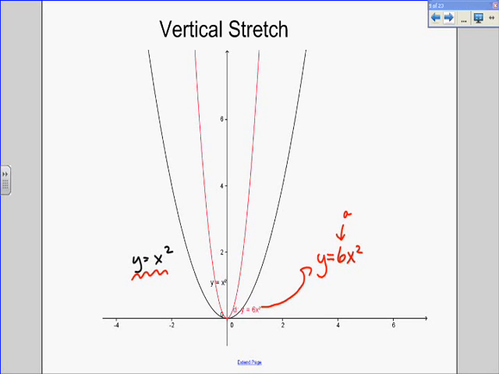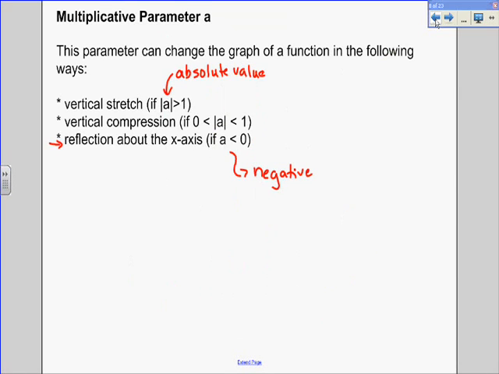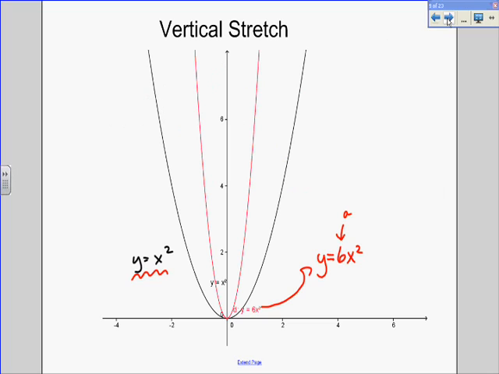If we look back at our notes here, we can see that we have a vertical stretch happening because the absolute value of A is greater than 1. 6 is greater than 1, so I have this vertical stretch. And this is what it looks like. My graph originally was this wider curve here, this black quadratic function, and when we multiply it by that parameter A, we end up with a vertically stretched function.